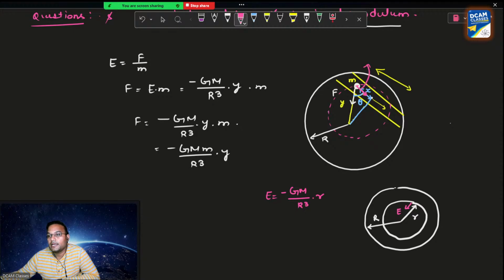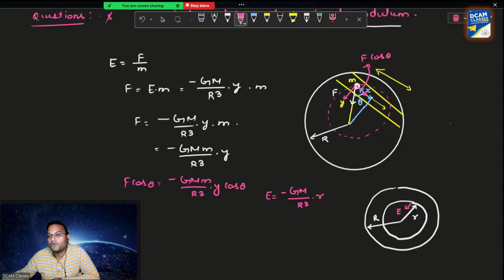It will be F cos theta. We are not concerned with the vertical component of sin theta, only F cos theta will be responsible for doing SHM. So F cos theta will be minus G capital M small m by capital R cube into y into cos theta, right?